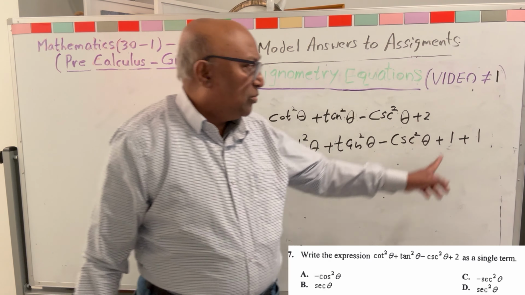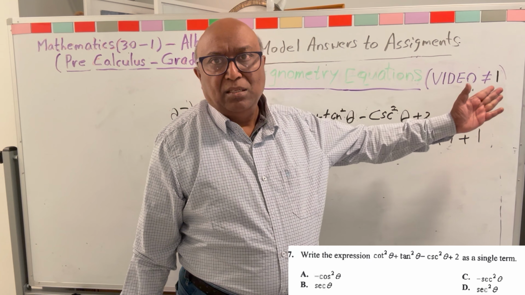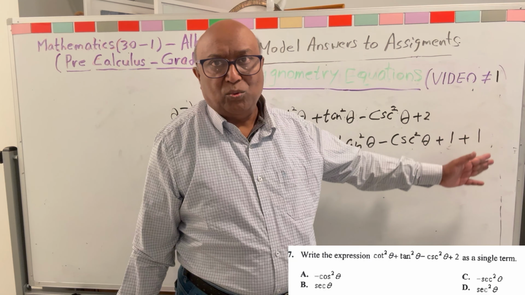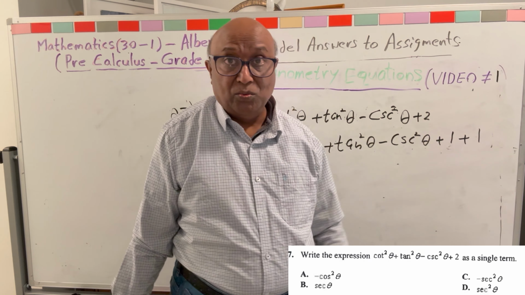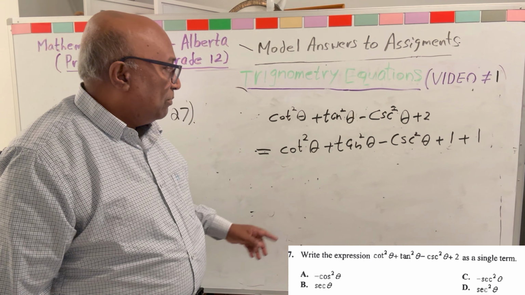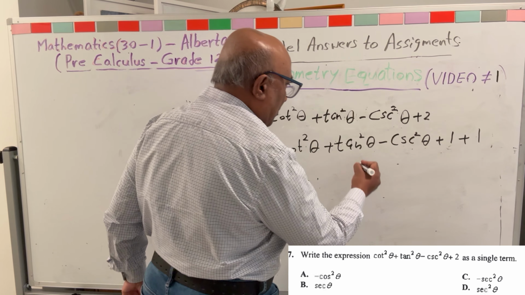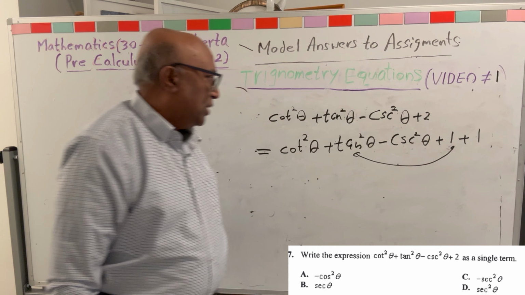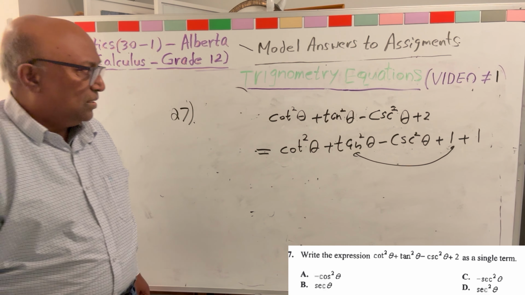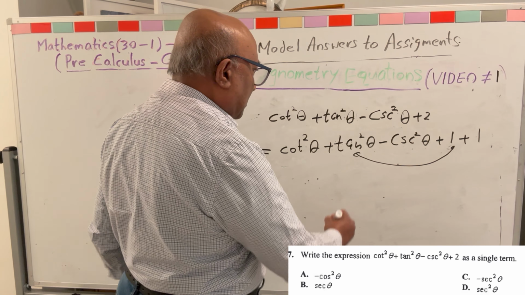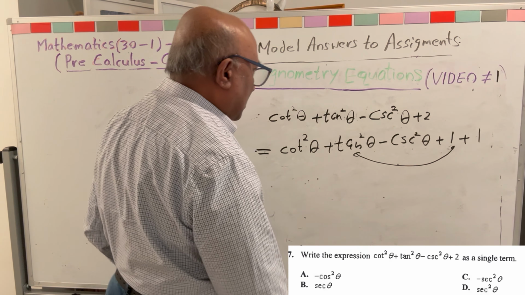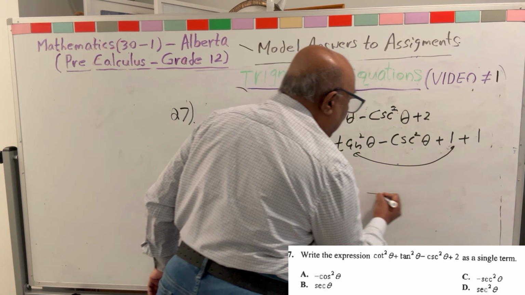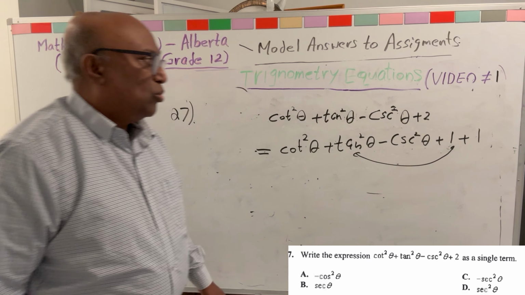Why did I write 1 plus 1? Because from the Pythagorean identities, we know 1 plus tan square theta will become secant square theta. Also 1 plus cot square theta equals cosecant square theta.